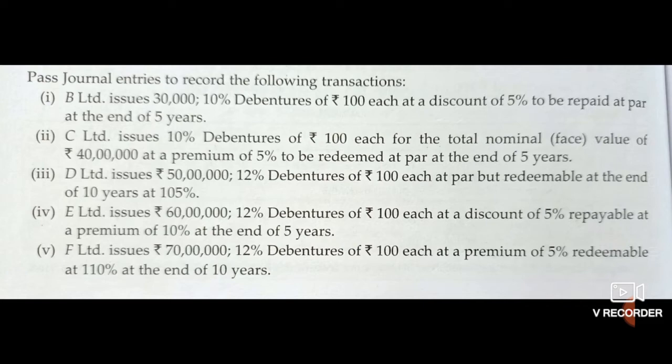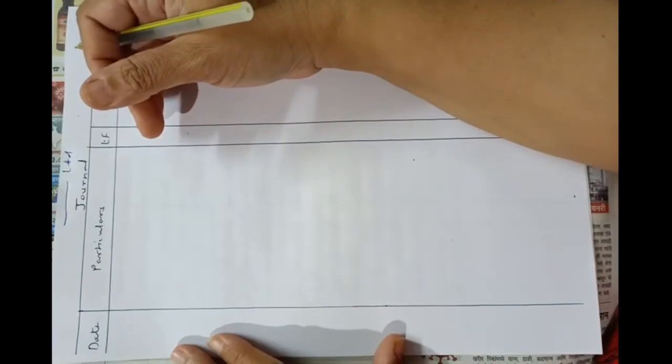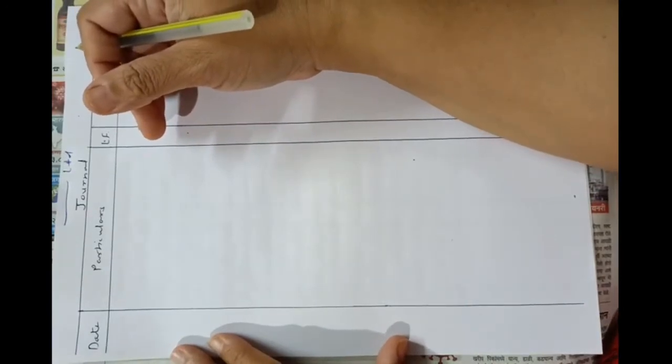Okay. So let's solve this problem. Interesting problem. In all the cases, in 5 cases, in every case we have to pass 2 journal entries. So let's start now. Now see, in this problem, in every transaction they have given separate company.